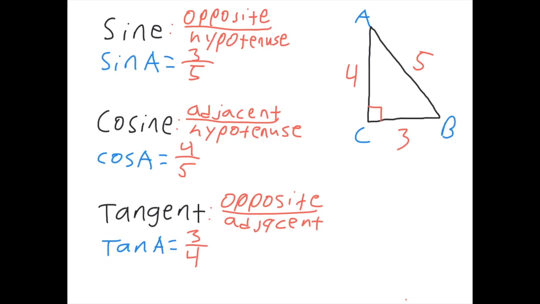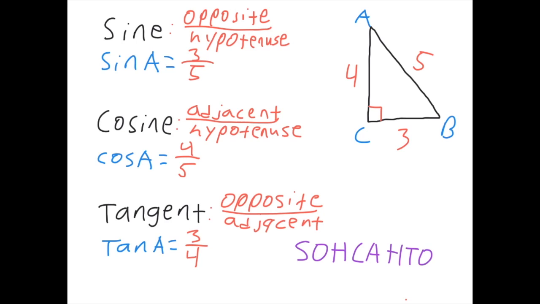Now you're going to have to remember these ratios. One trick that is often used is abbreviating all of them to be written like this. Sine is opposite over hypotenuse. Cosine is adjacent over hypotenuse.